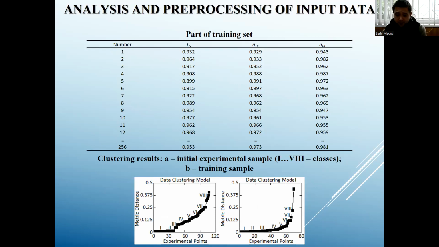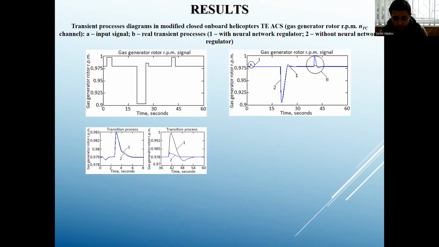The input data for training the neural network are the following parameters of the helicopter turboshaft engine, which are recorded on board the helicopter. From the transient process shown in this figure, it follows that the automatic control system with a neural network controller provides the best quality of control.